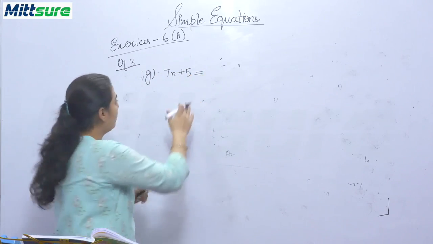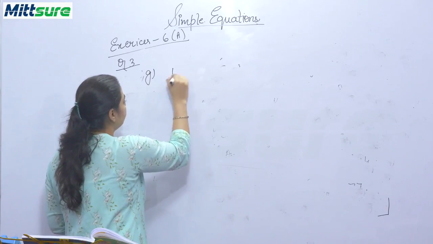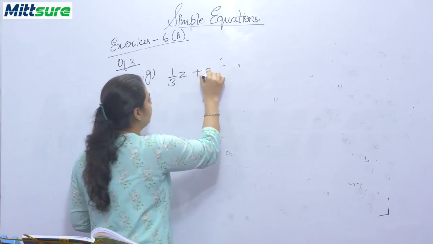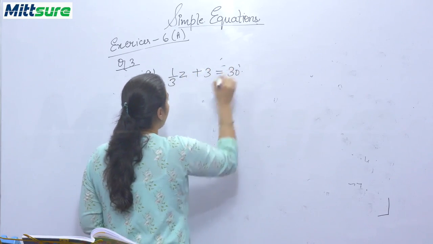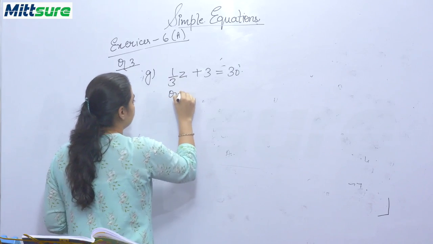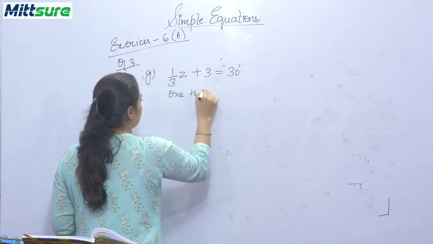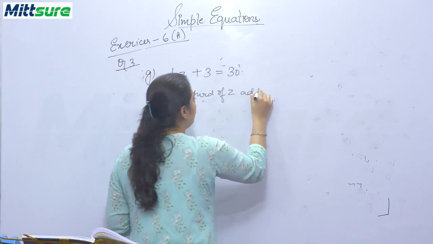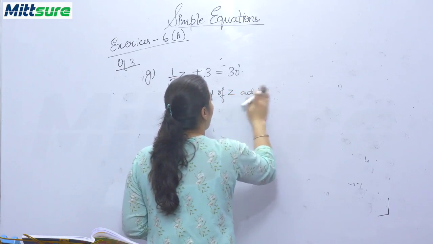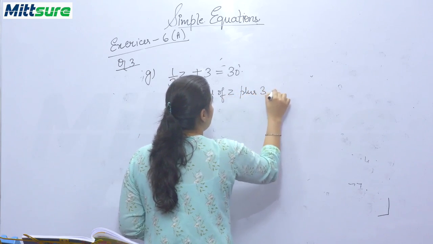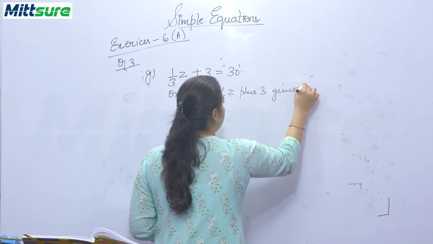G part says 1 upon 3z plus 3 equals 30. Now what will be the statement for this? 1/3 of z added to 3, or plus 3, gives 30.